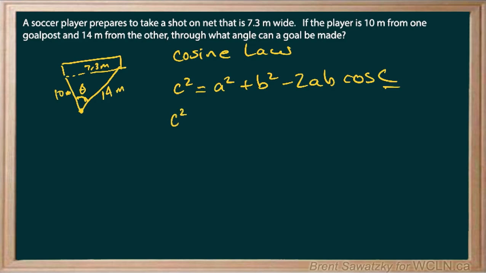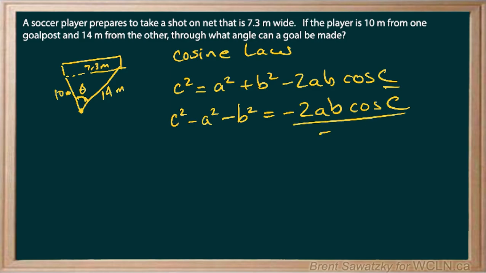So c squared, and then we're going to subtract a squared and b squared from both sides. And so that eliminates them from the right-hand side, and we're just left with 2ab cos C. Now, again, we're solving for the C, so let's divide both sides by negative 2ab.